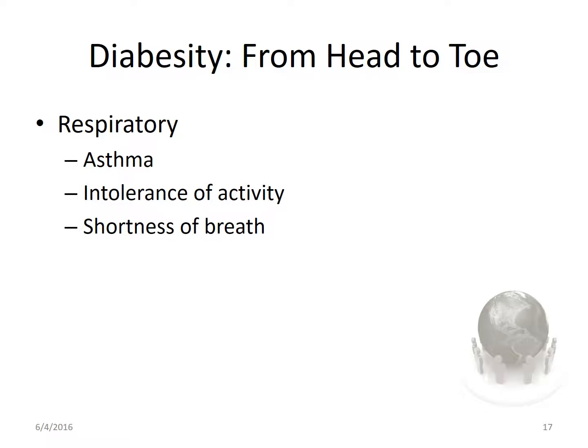Some possible causes are related to other problems in the obese child and adolescent, such as poor diet, reflux, or the hormonal abnormalities. Other respiratory problems in the diabesity person would be the intolerance of activity and the shortness of breath.